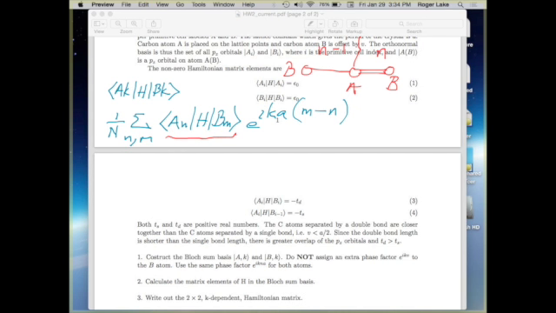So I get two terms. This matrix element is negative T_D, and this one is negative T_S, for single bond. It's a single bond and a double bond. When they're in the same unit cell, I have delta N comma M, and the matrix element is negative T_D.